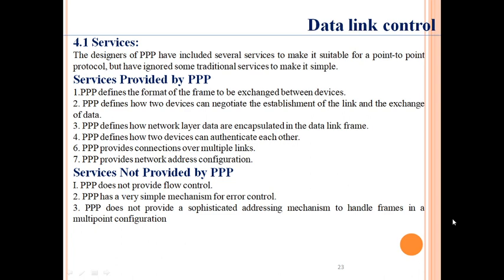It defines how two devices can authenticate each other, as security is one of the important parts of communication. So it defines how they can negotiate and authenticate. Next, it provides connections over multiple links. It provides network address configuration.